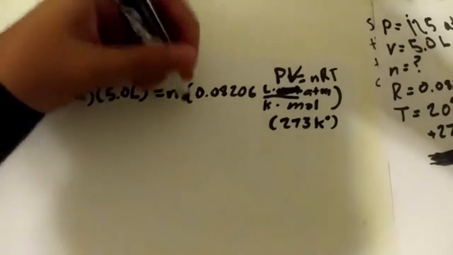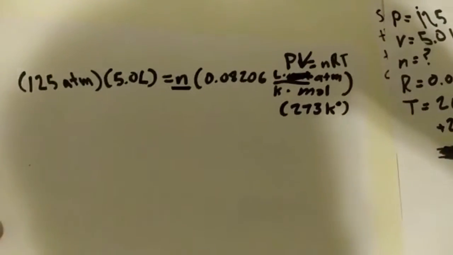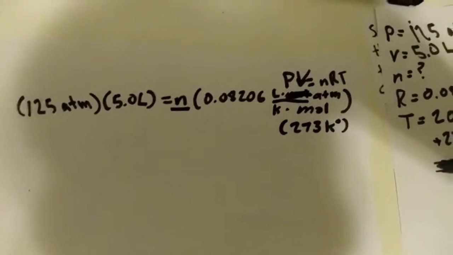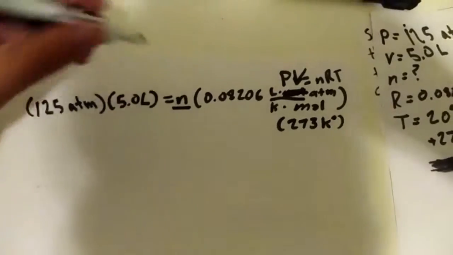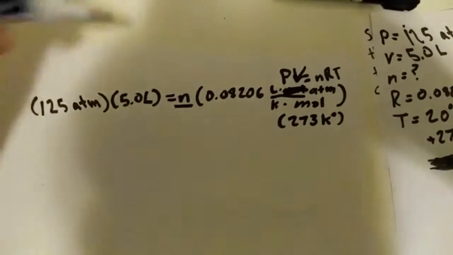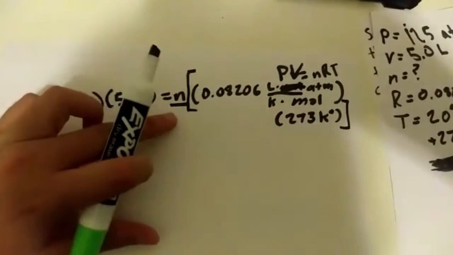Now, since we're solving for n, we need to isolate n. And in order to isolate n, you can see that we must divide this whole side by this term right here, so that n will be by itself.